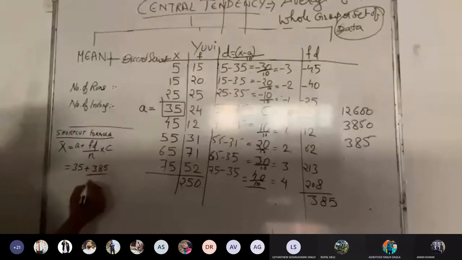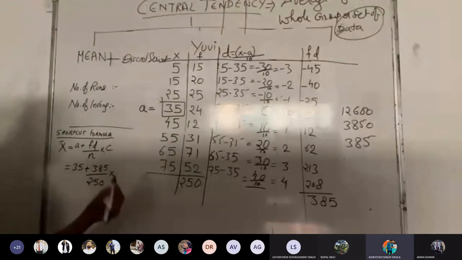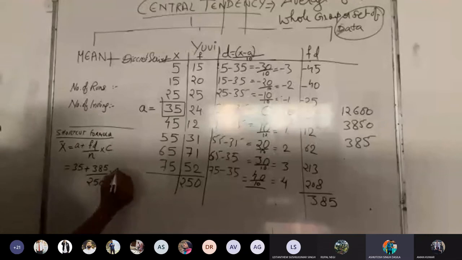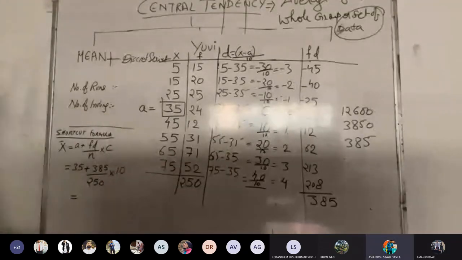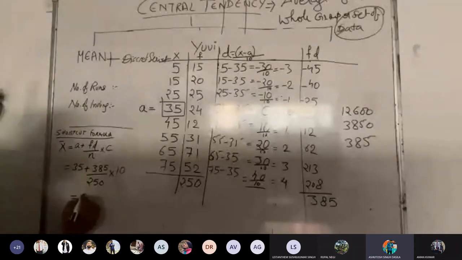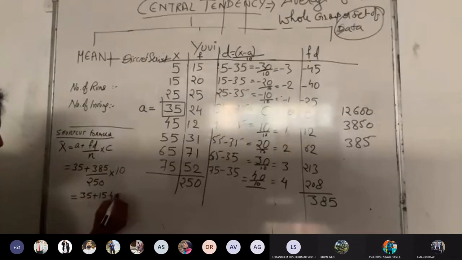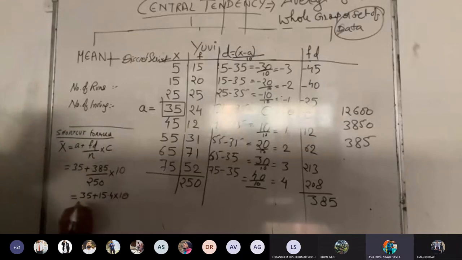And what is the N? 250. And what is the C, the common factor? 10. What is the answer? 50.4. Is it okay?